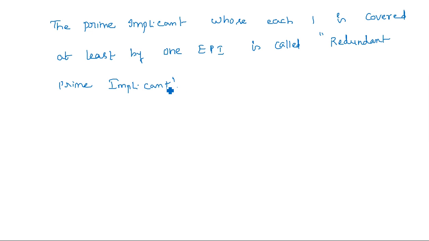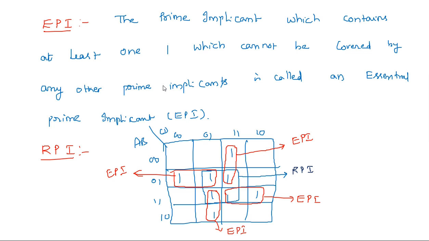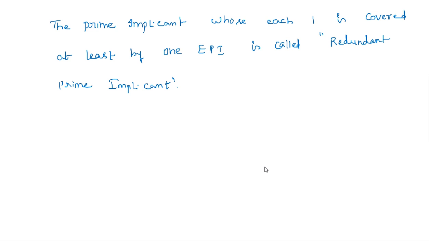Hope you understand what we mean by redundant prime implicant. See here, all these four ones are mapped with essential prime implicants, but this mapping is particularly known as redundant prime implicant because it is already mapped.